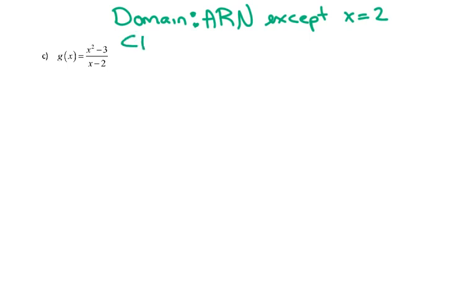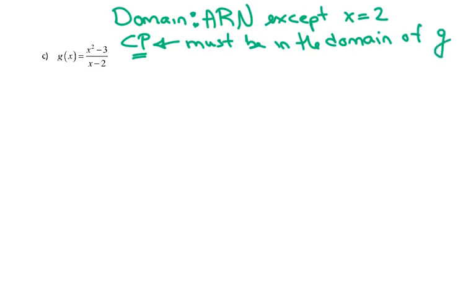Now we want to find the critical points. And remember, critical points must be in the domain of the original function. So we've got to use the quotient rule. This, I'm assuming now, is no problem for you.